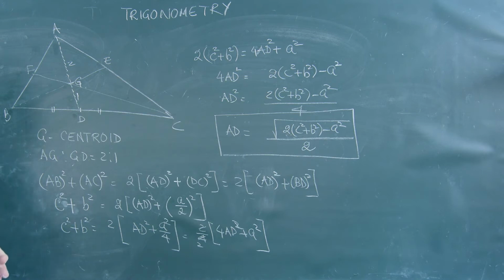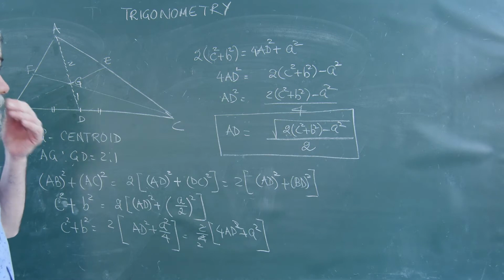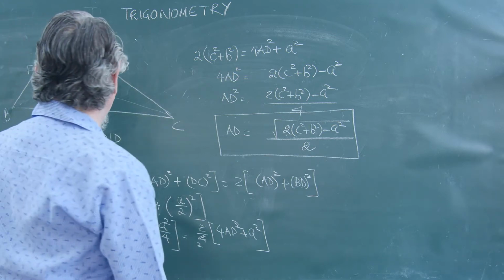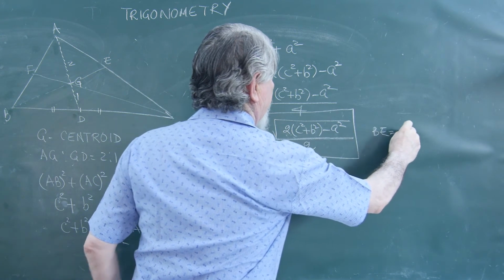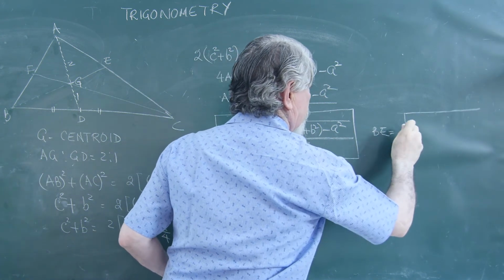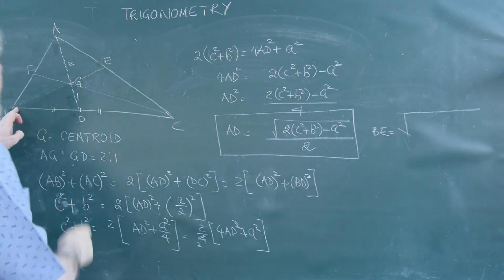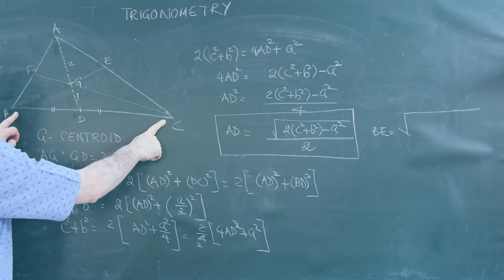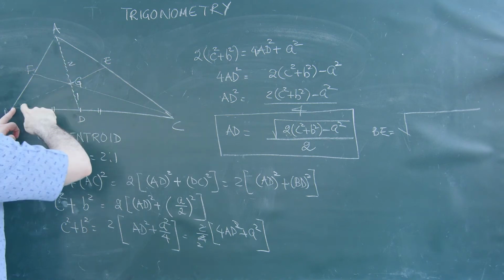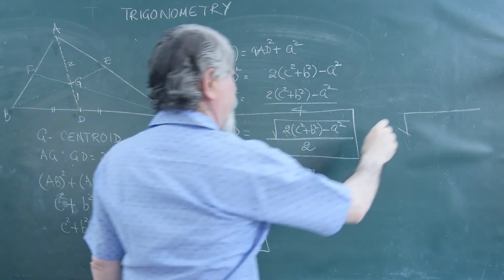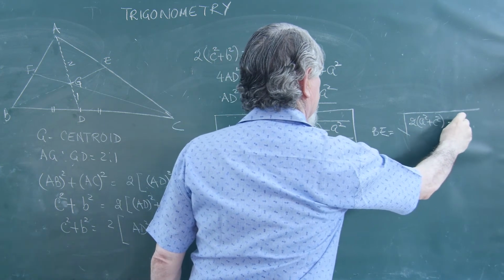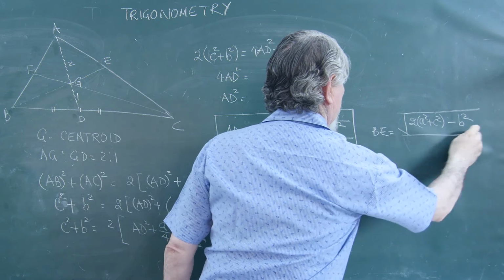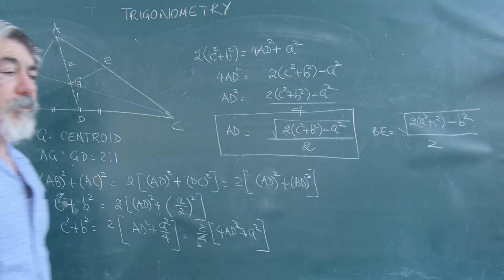Similarly, I'll write down here. BE will be what? Now this is A square, and this is C square. So 2 of A square plus C square minus B square upon 2.